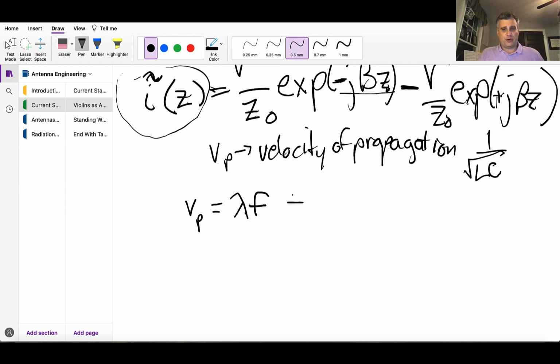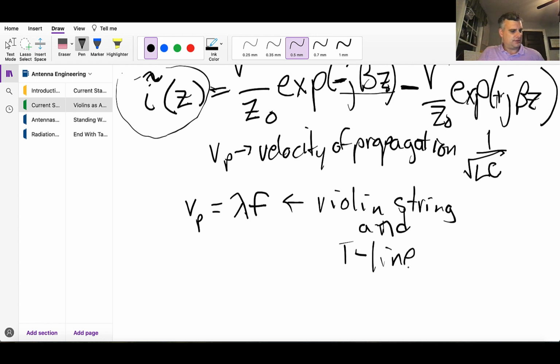And of course, this is true for our violin string as well. So we'll do an acoustic example when we're done with all of our standing wave math, to see if we can translate the frequency of notes and the length of a violin string into a velocity of propagation on that string.